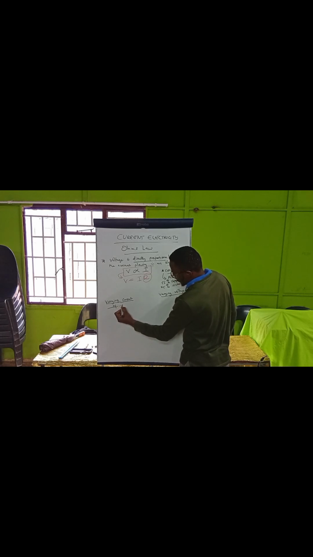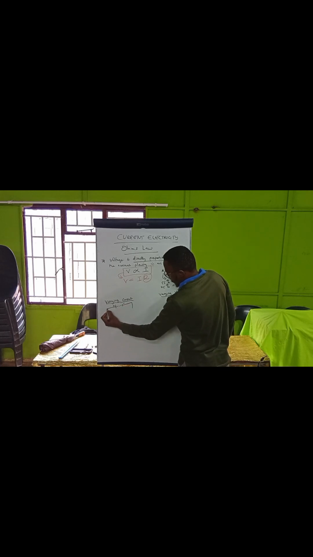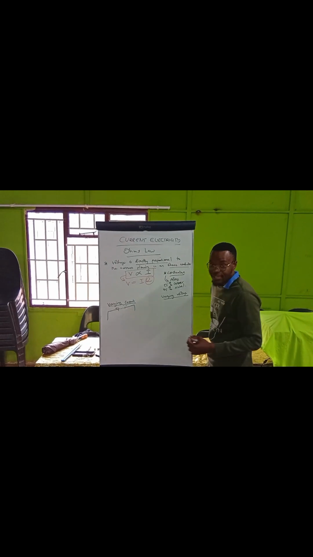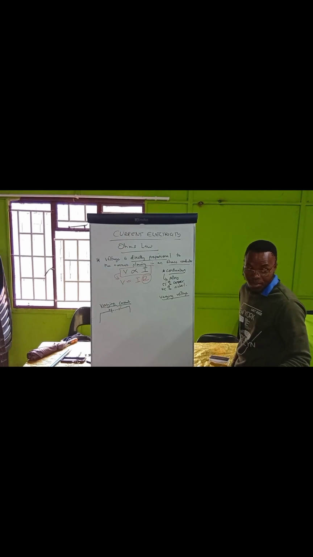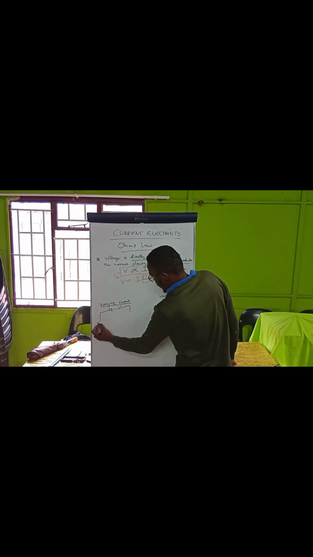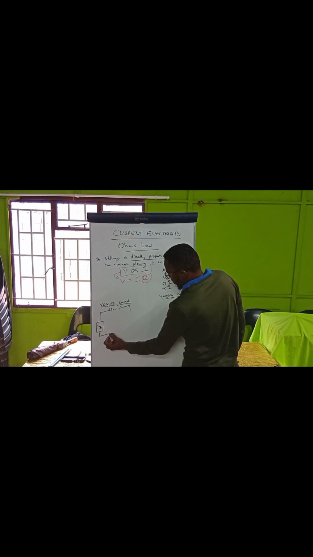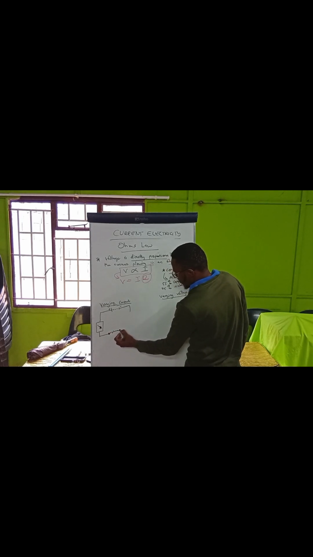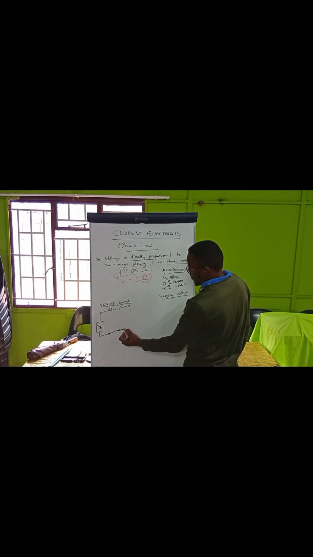Now let's say this one has some cells in there. And because you will be varying current, how do you vary current? We use a variable resistor. So he connected a variable resistor, and then he put the material, which is the constantan wire in this case. And then of course, you can still have your fixed resistor there.